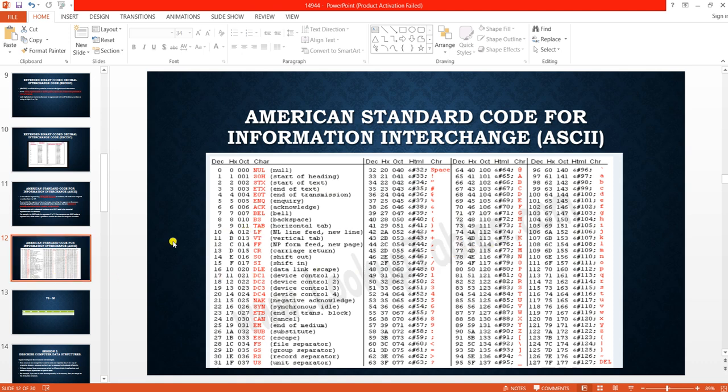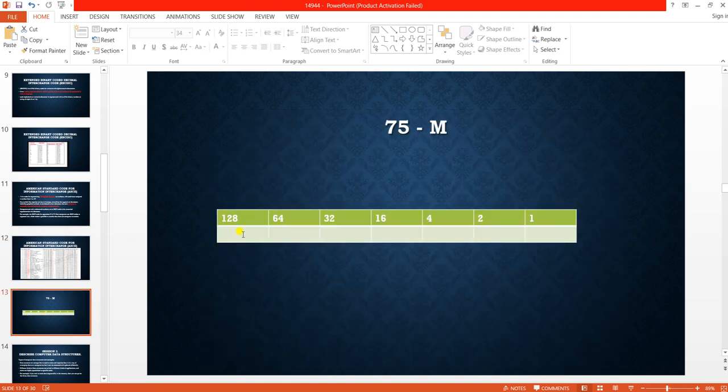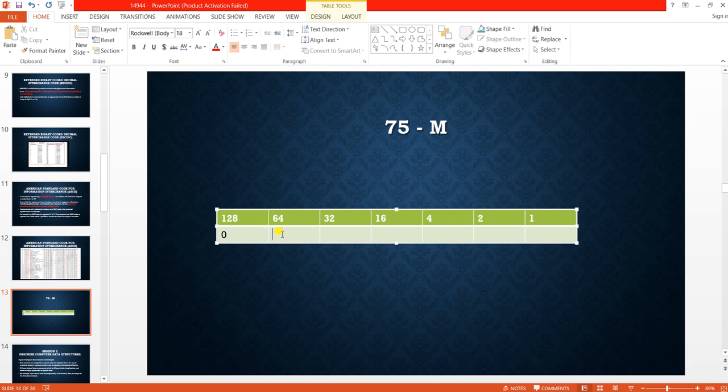Yes, it's 77. How many times does 128 get into 77? 0 times. How many times does 64 get into 77? 1. Sorry, it's not 75, it's 77. So 77 minus 64 gives you 13. How many times does 32 get into 13? 0.